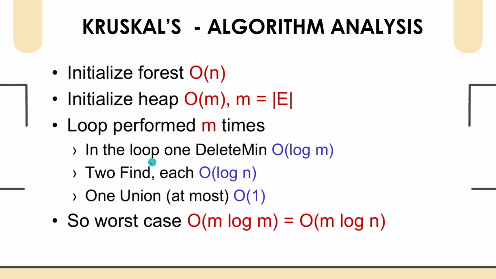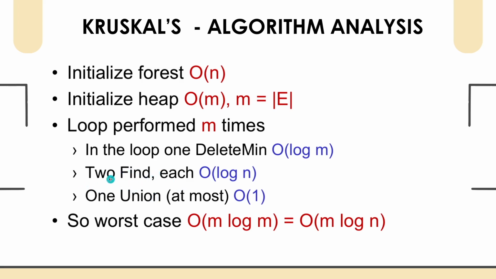First, in order to fetch the edge with the minimal weight, I have to do a delete min operation on the heap, for which I may take a time of order log m, and then I have to do a find and union operation. The purpose of the find and union operation is to discard any probability of entering into a cycle.